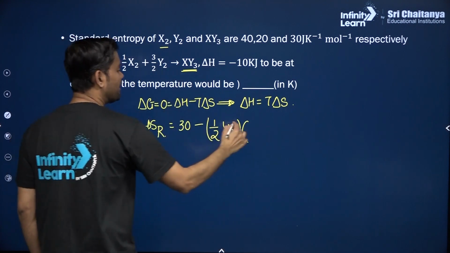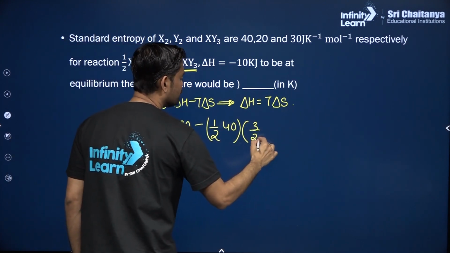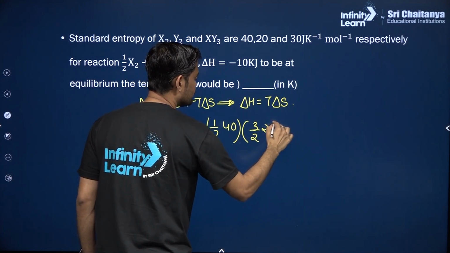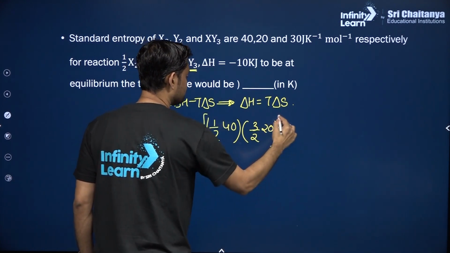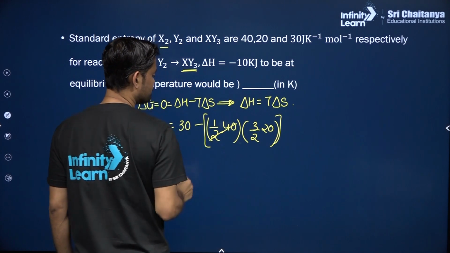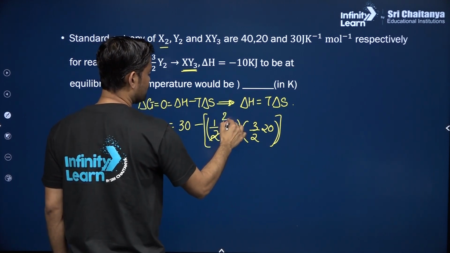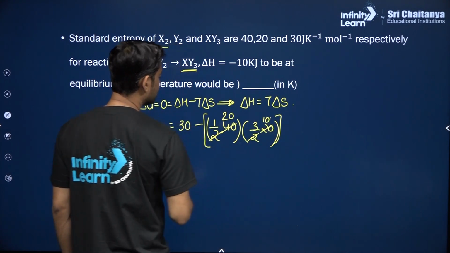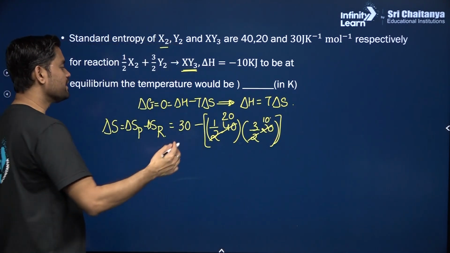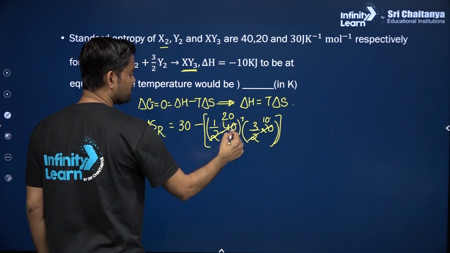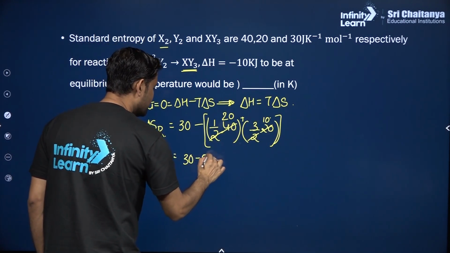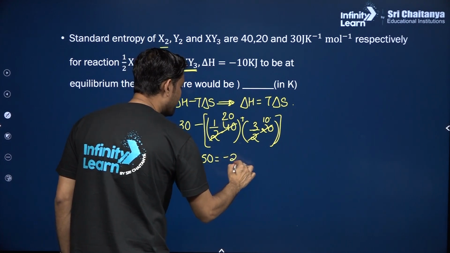Again 3 by 2 for Y2, and Y2 is 20. So that is 20 times, 10 times, so that is 30 plus, over here this will be plus. So this is 50. So 30 minus 50, that is equal to minus 20.